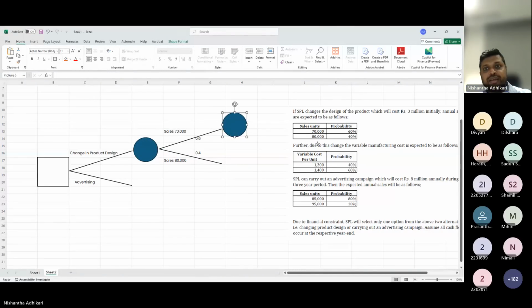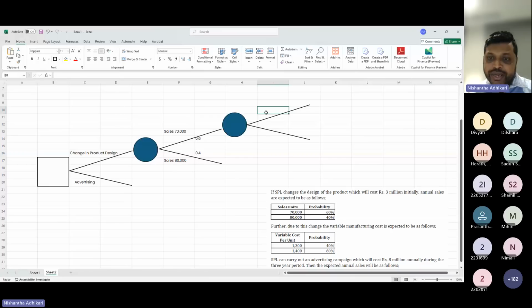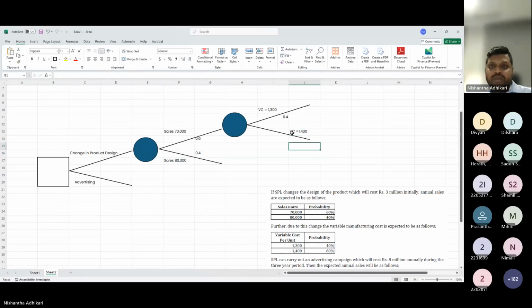Variable cost equal to 1,300 with the probability of 40%, 0.4, and variable cost equal to 1,400, probability 0.6. Right, that one branch is completed.